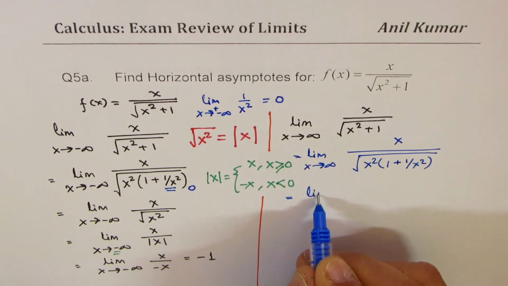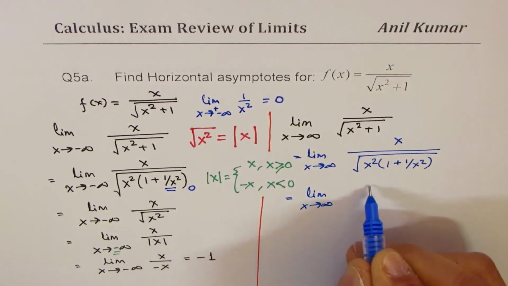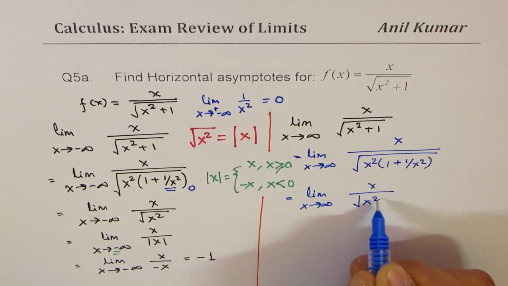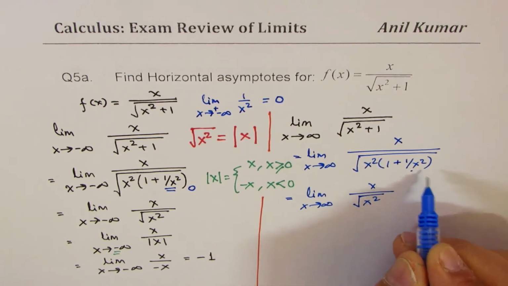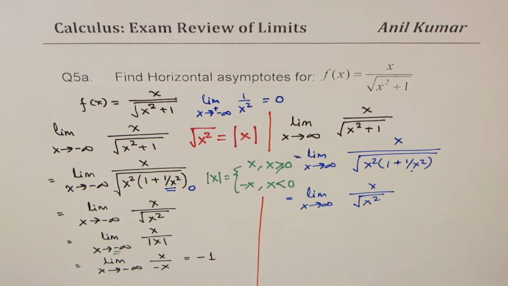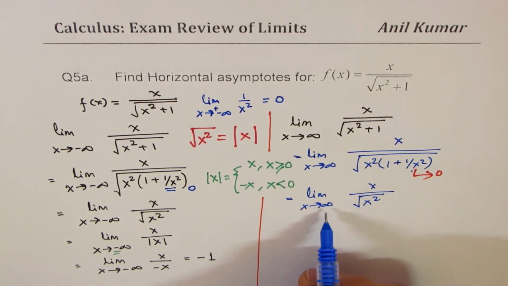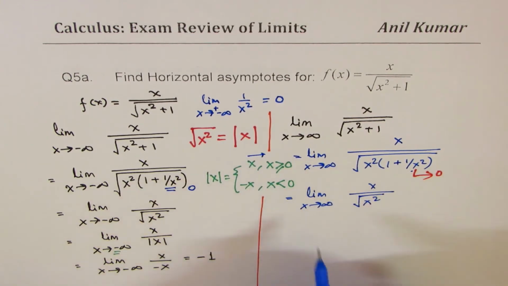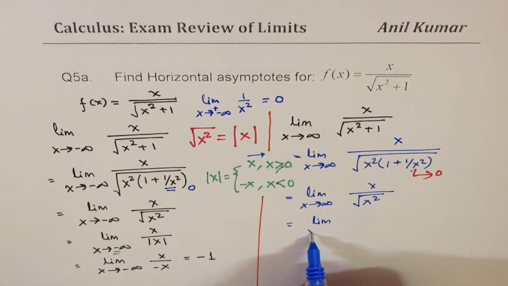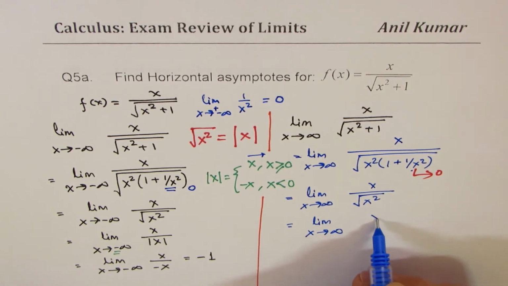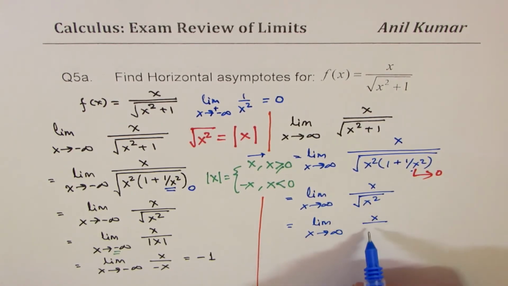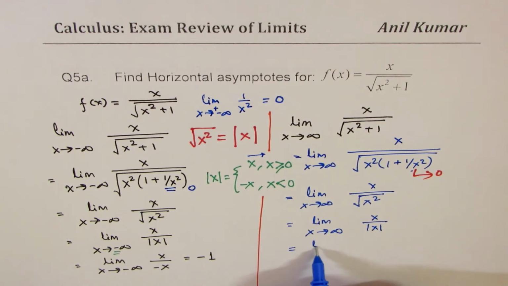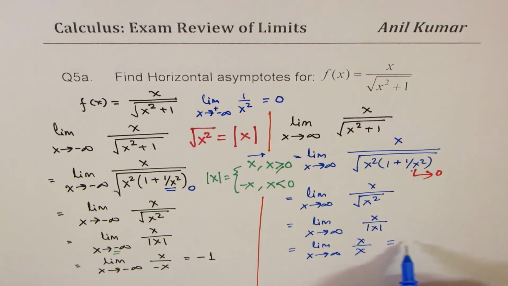So we could write this as the limit as x approaches infinity of x over the square root of x squared, since this approaches 0. And now we are approaching the positive side. So I will write this as the limit as x approaches infinity of x over, first we'll write absolute value of x, and then we will say this absolute value of x in fact is positive x. So we get 1. So this limit is 1.